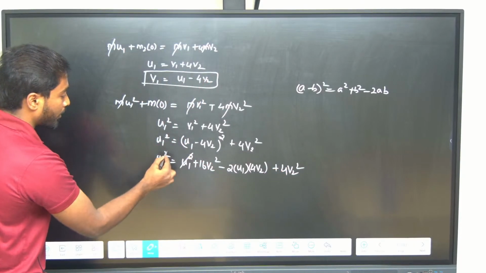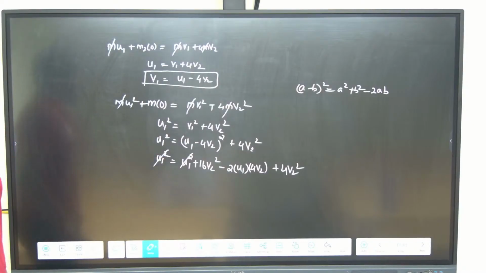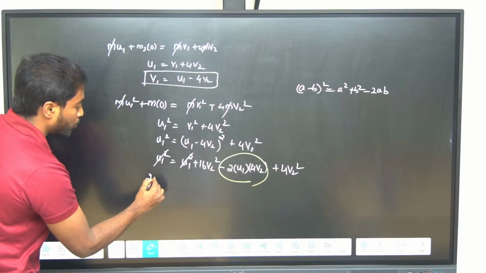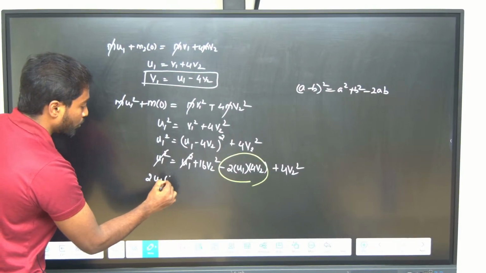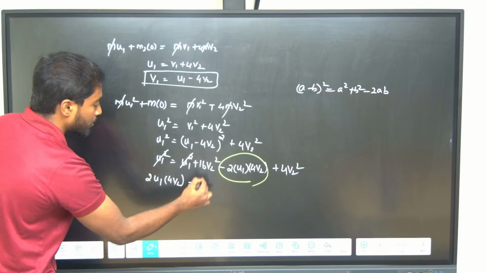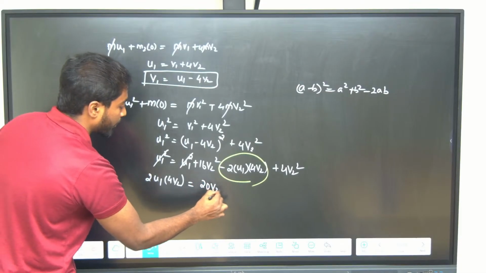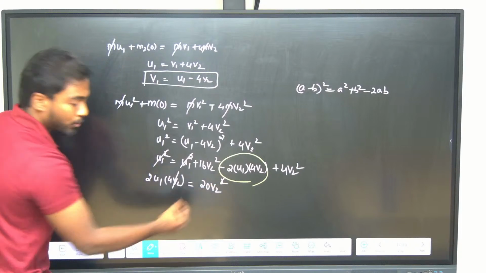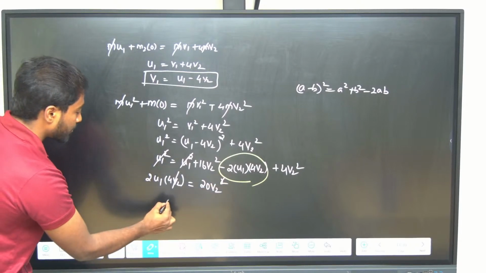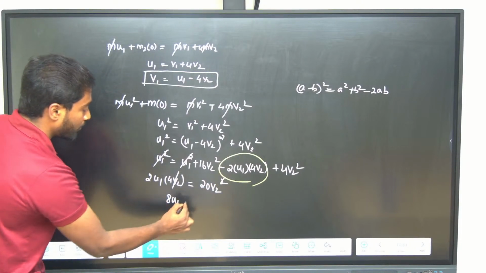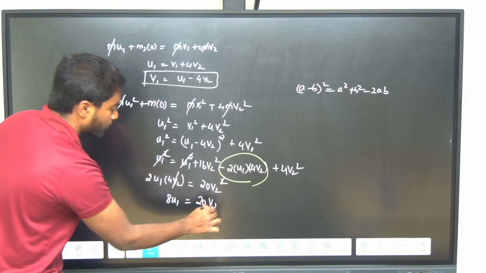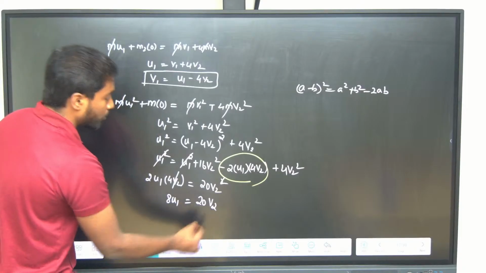So u1 square will get cancelled off, and I take this value to this side. 2u1 into 4v2 will be equal to 20v2 square, and v2 will get cancelled off, so 8u1 will be equal to 20v2.